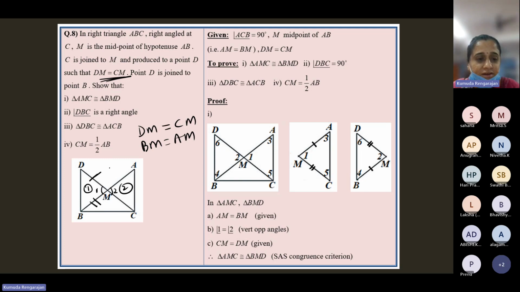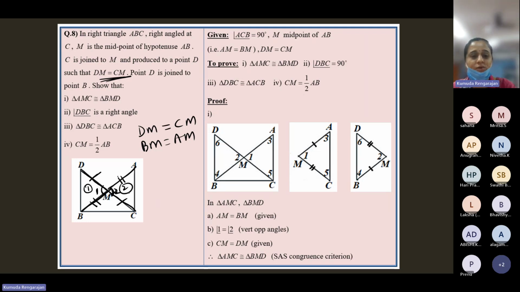We have mentioned the sides DM and BM of the first triangle. These two sides include angle 1. In the second triangle, we have mentioned AM and CM, and these two sides include angle 2.